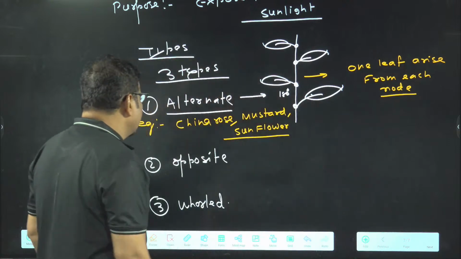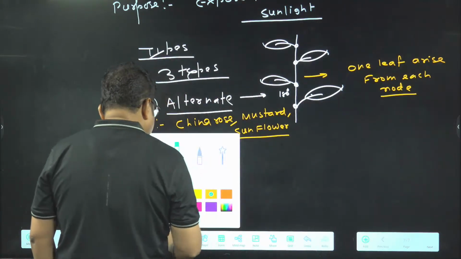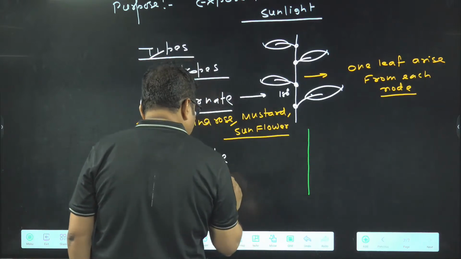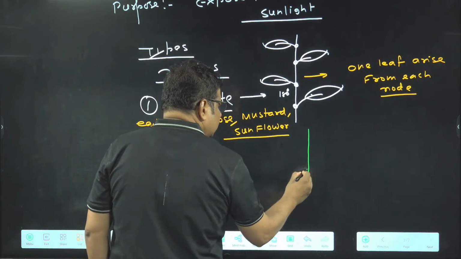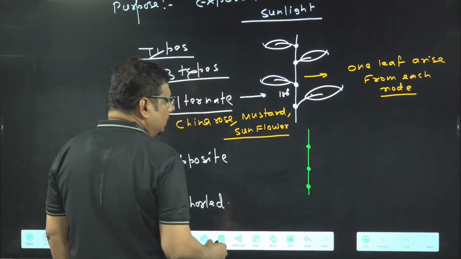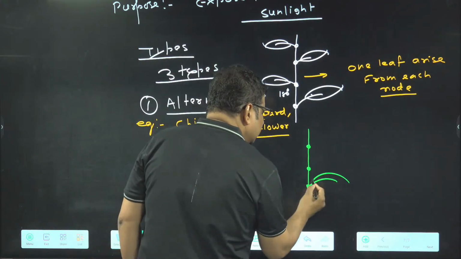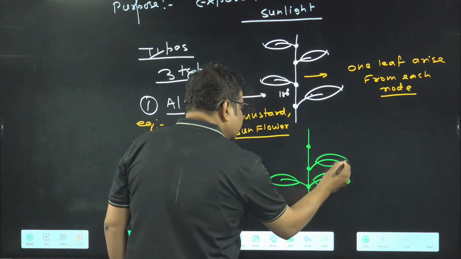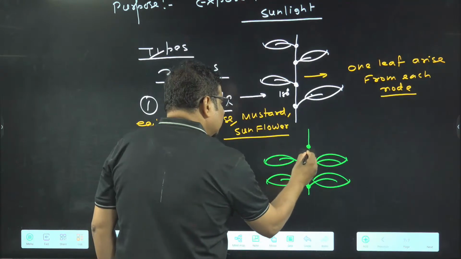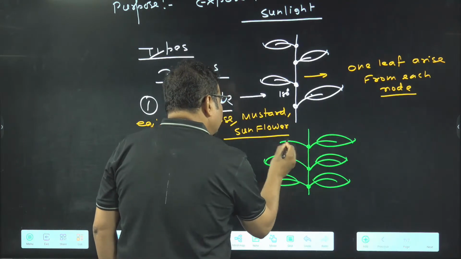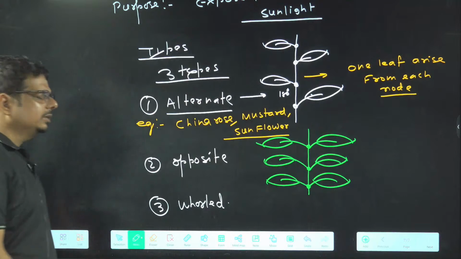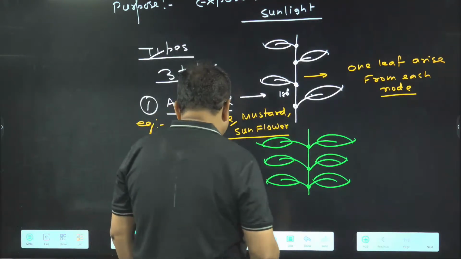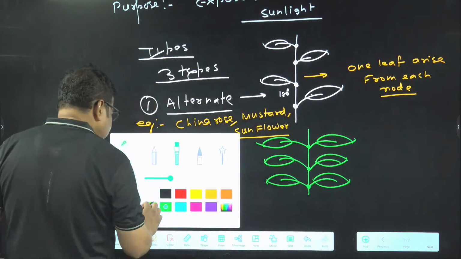Now we are coming to opposite phyllotaxy. Look at the diagram. This is a node, this is a node, this is a node. So from each node, how many leaves arise? Two leaves arise, and they are in opposite directions. So it is opposite phyllotaxy. It is also of two types, but we are not going to discuss that.